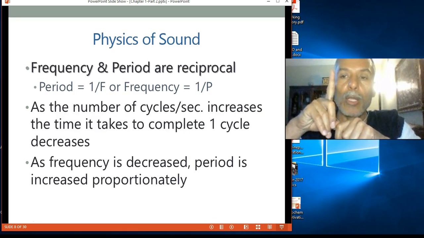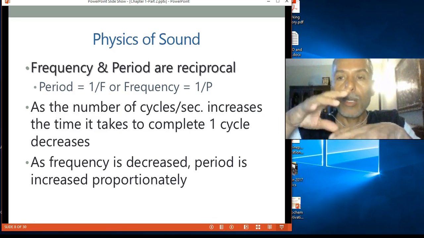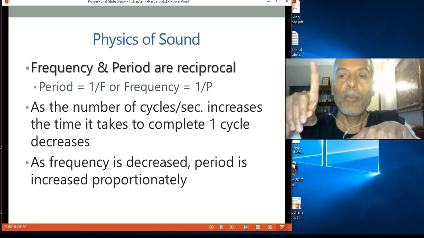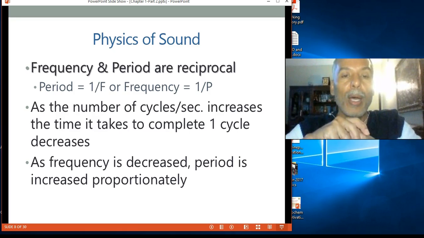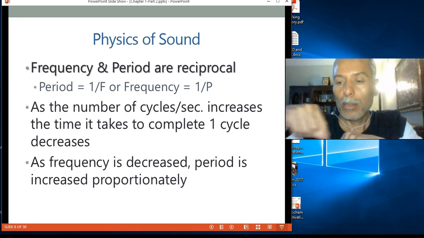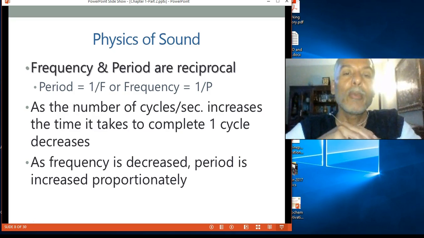Like I have $1 and I have 10 people. So I divide $1 by 10. I find out how many pennies each one of these 10 people will get. Or I have 10 people and each one has 10 cents, and I would like to figure out how much in all they have. Well, 10 cents times the number of people I have, that's going to give me my frequency.